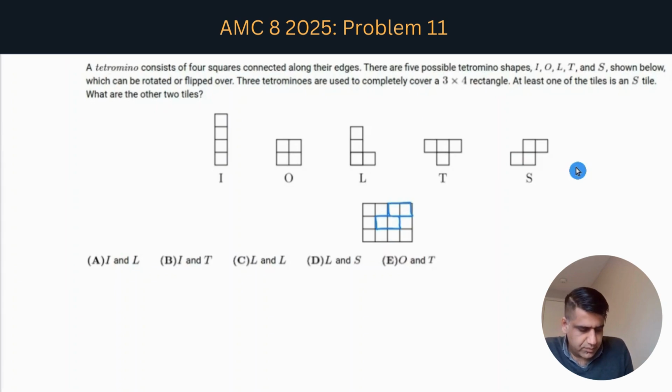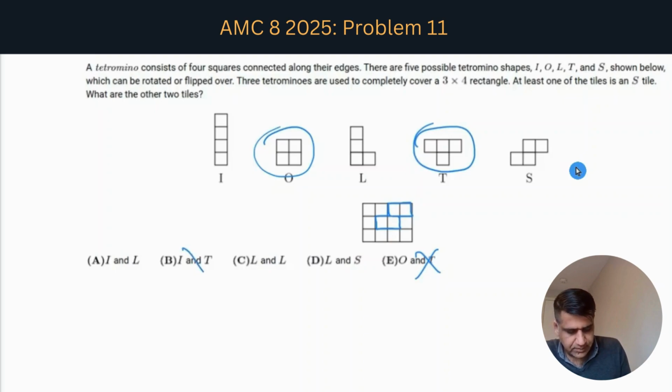So if we are putting S here, it means that O is not possible, so we can eliminate this option. The second option that we can eliminate is T, because if we see, we cannot fit T in this shape. If we put S here, we can also eliminate this option.